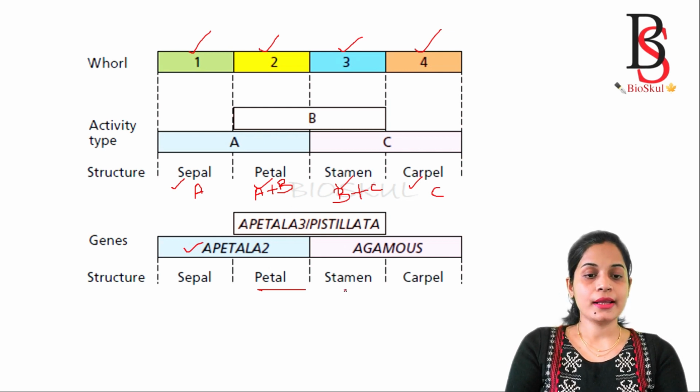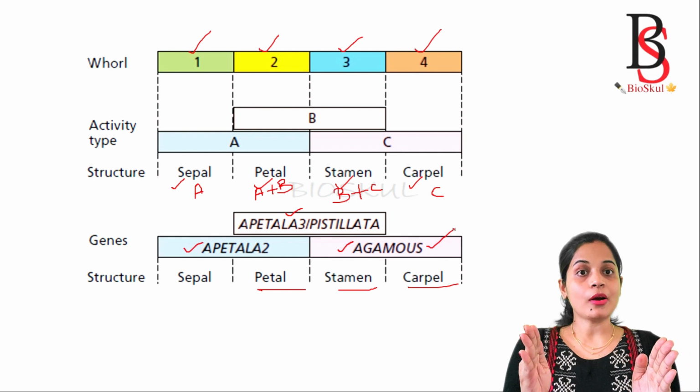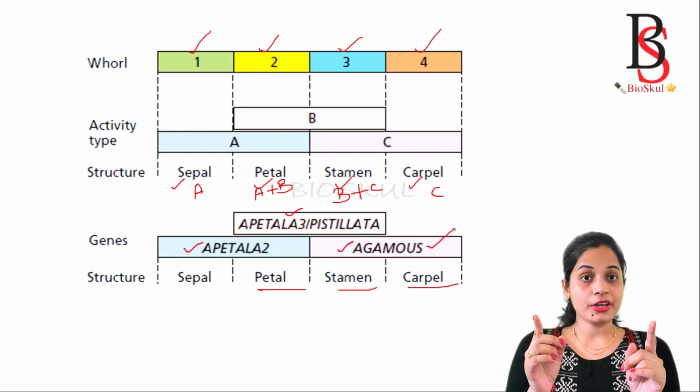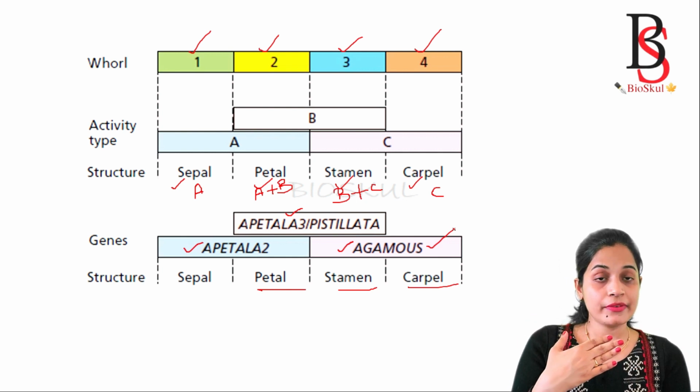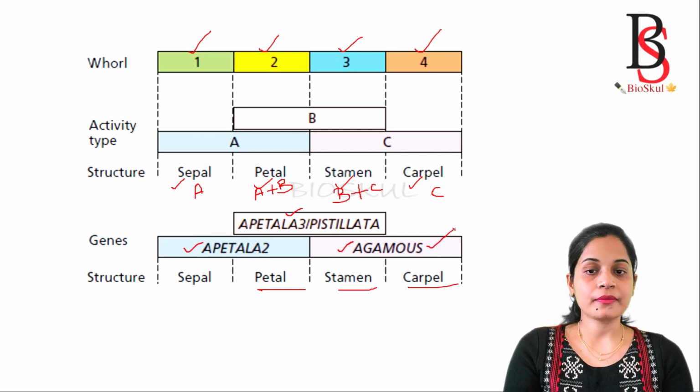Similarly, the stamen is B plus C, so the B genes are Apetella 3 and pistillata plus C, which is Agamous. Similarly, the carpel has only Agamous. Okay, so you have to just remember all these points, and another point is that A suppresses the activity of C and C suppresses the activity of A.